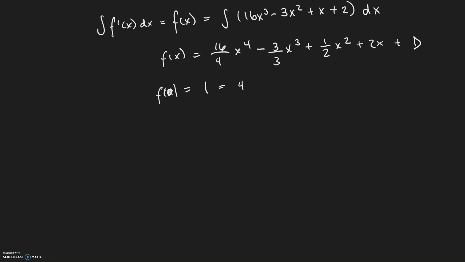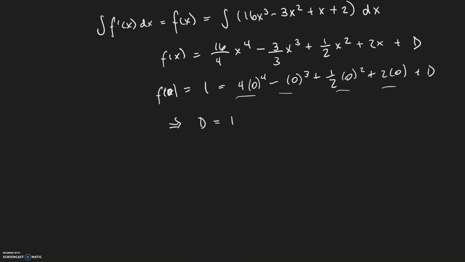Letting all of our x's be 0, all of these terms right here are just going to be 0, so that tells us that d is going to be equal to 1.